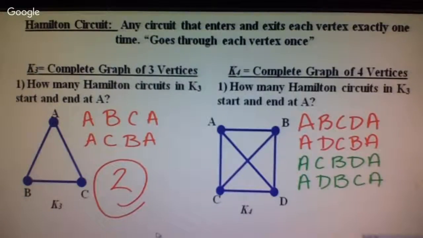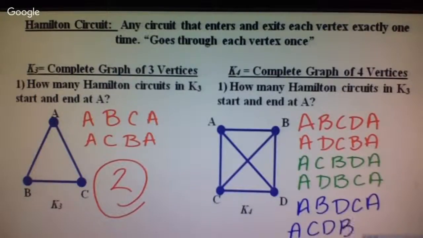A, C, A, D, B, C, A. A, B, D, C. There. A, B, D, C, A, and A, C, D, B, A. Good. So there's a total of 6 in this picture.